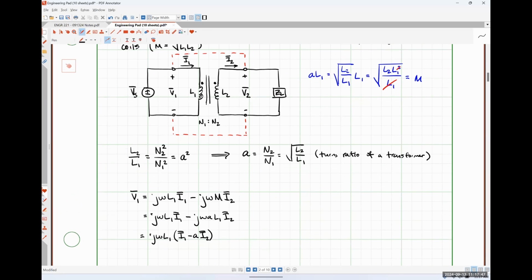Now let's write our induced voltage V2. The positive polarity terminal of our voltage V2 is at the dot, and our current I2 is flowing into the undotted terminal. So I believe that's going to give us negative j omega L2 I2.